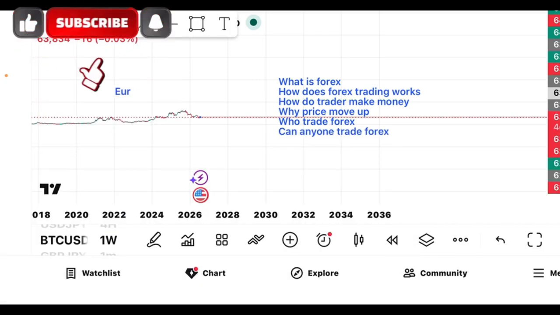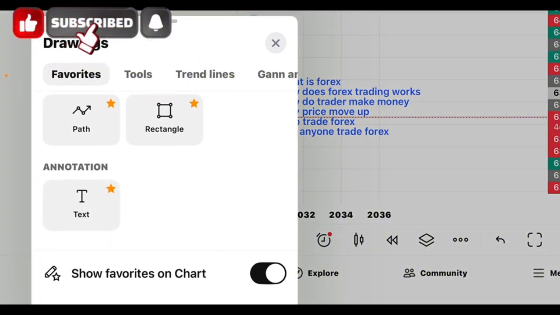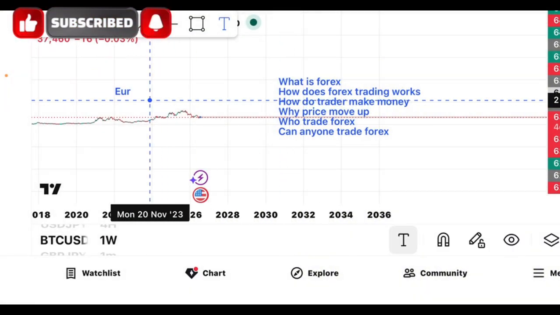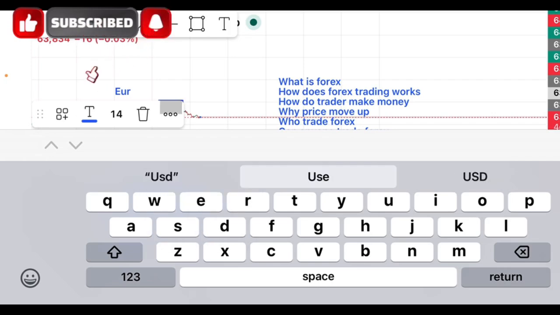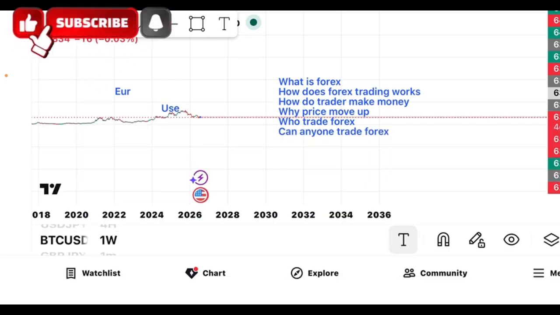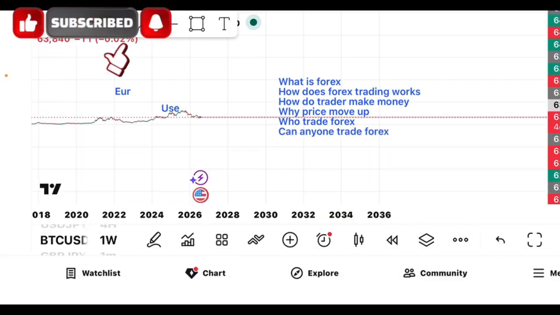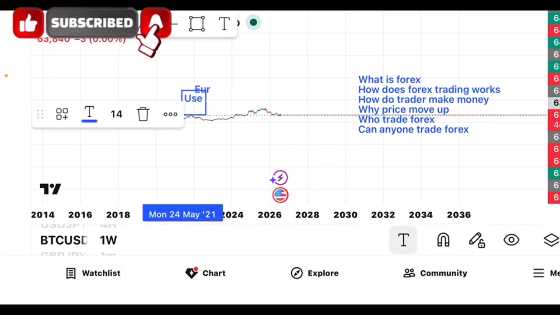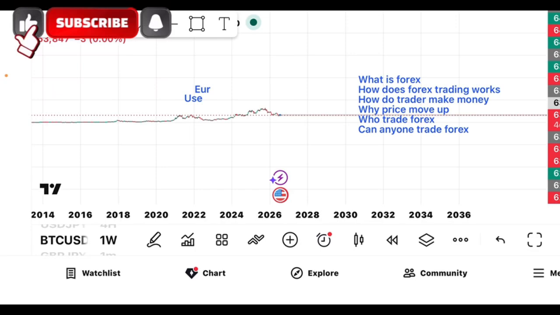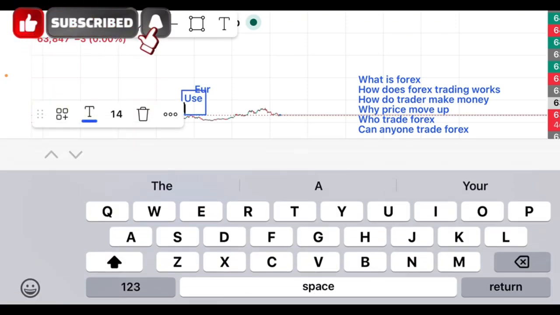And secondly, we have USD. 99% of you are used to this. We have USD. In this sense now, we have two currencies.